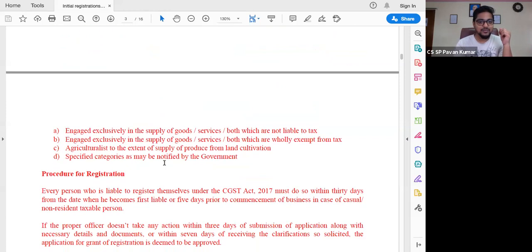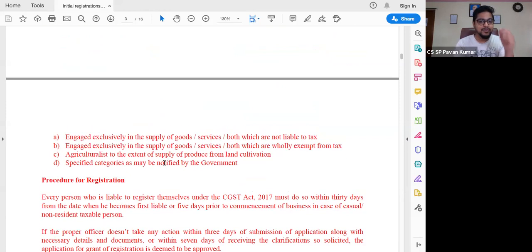And there are certain types of people who are not liable for GST, who can be broadly classified as those engaged exclusively in supply of goods or services which are not liable for tax, or which are exempt from tax. So you would have already studied the difference between exempted goods, taxable goods, and nil rated goods. Okay, so nil rated goods are basically rated at 0%.